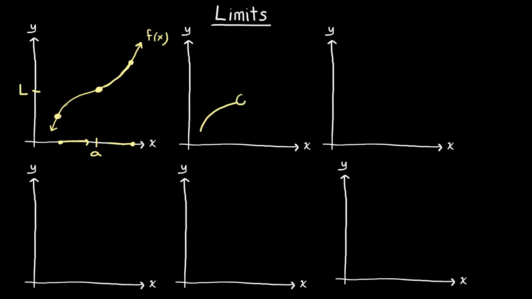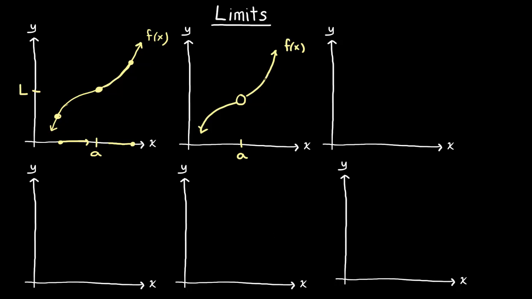In this next drawing, I will have a very similar shape. The only difference is I'm going to put an open circle here, indicating that the function does not have a value where that circle is located. So x equals a, this is still our function f of x. Now the question is, does this one still have a limit as x approaches a?